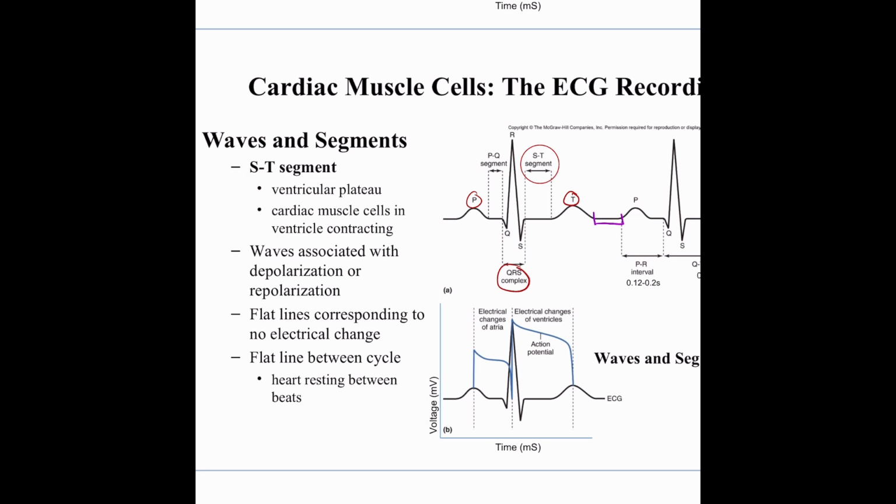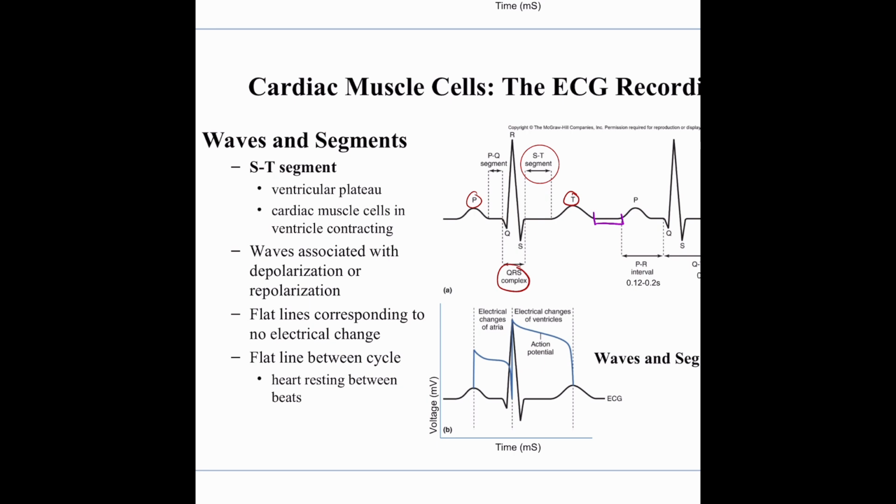And the waves are associated with depolarization and repolarization. Right, so the QRS complex was depolarization for ventricles, and the T wave was repolarization for ventricles, whereas P was depolarization for the atrium, right?